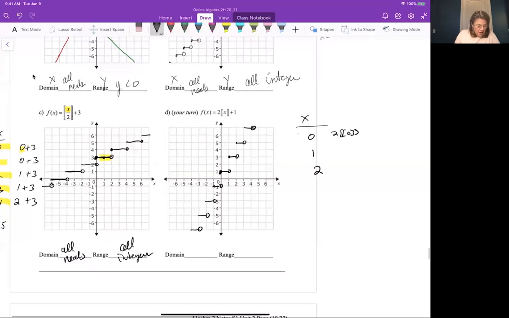There we go. And I have to say, okay, what are all the possible x values? So what is my domain? It goes on forever and ever, and so it is all integers. Okay. And what is my range? We have all odd integers.